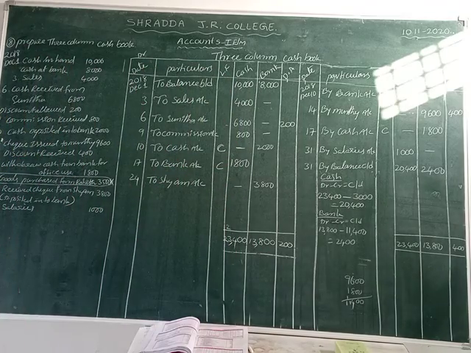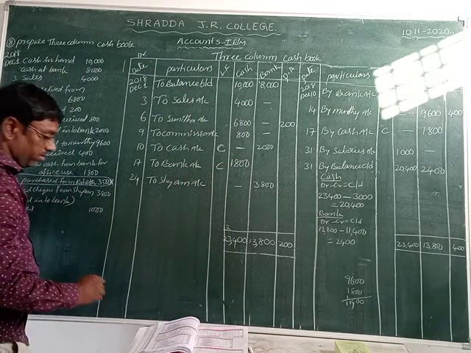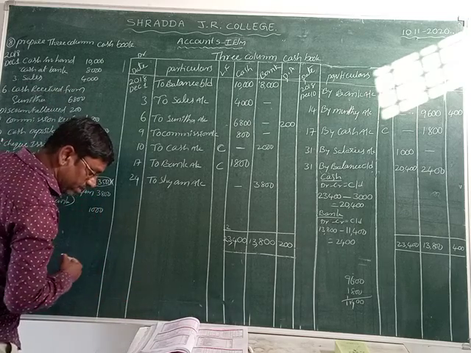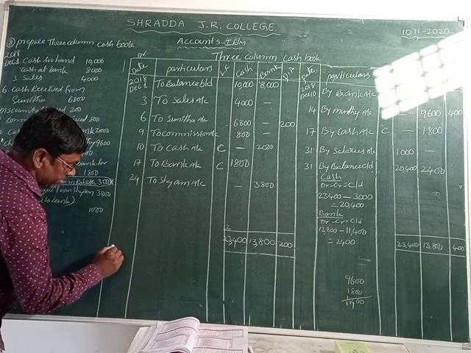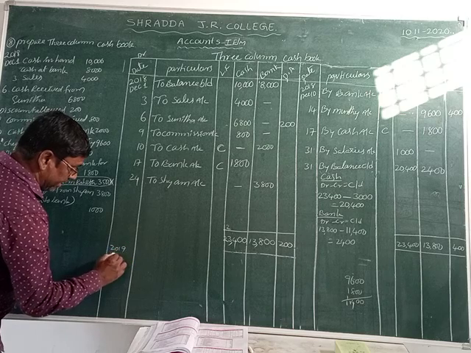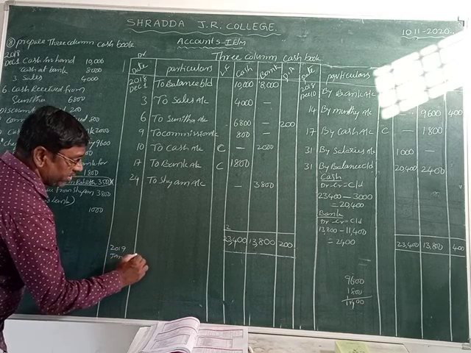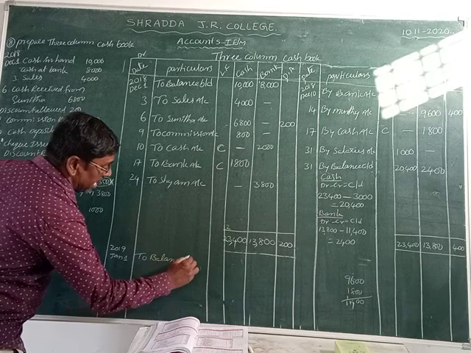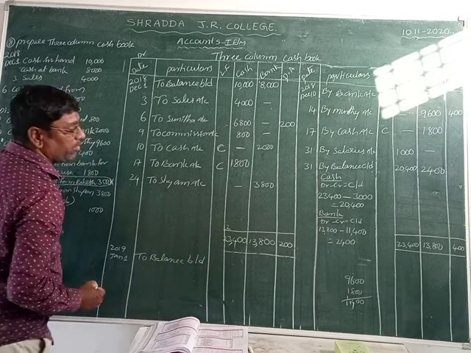Now we take the next period, 2019 January 1st, balance brought down. What is the remaining balance?